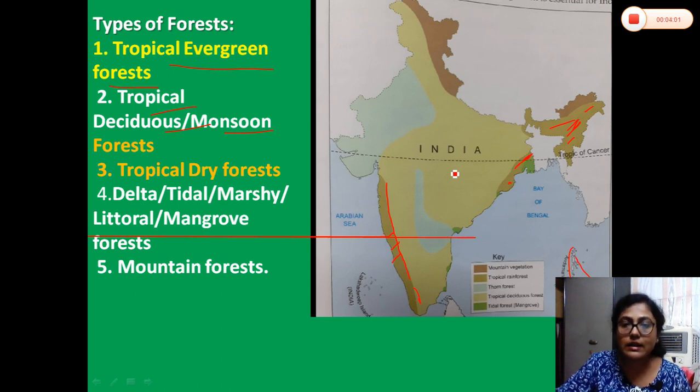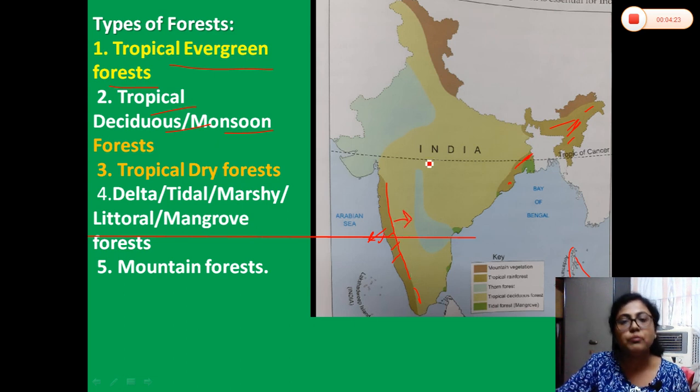There is a seasonal difference in the amount of rainfall. During the rainy season, the maximum amount of precipitation is received by most parts of India. So, in the foothills of the Himalayas, you can see, then the eastern slopes of the Western Ghats. This one is the western slope of the Western Ghats and this one is the eastern slope.